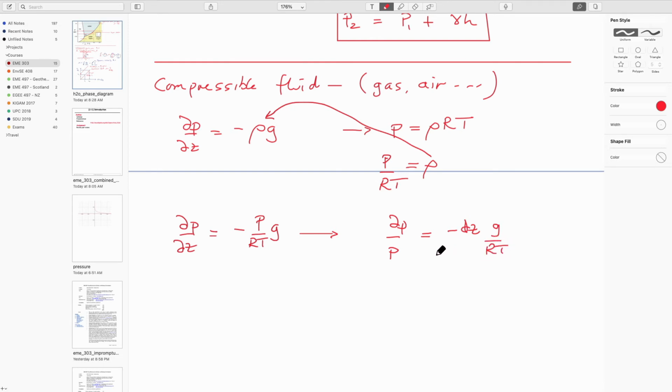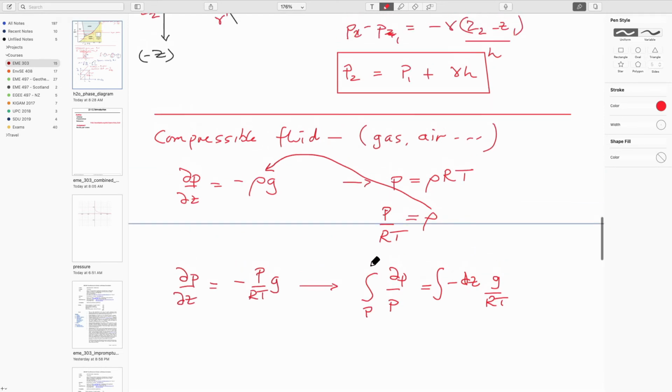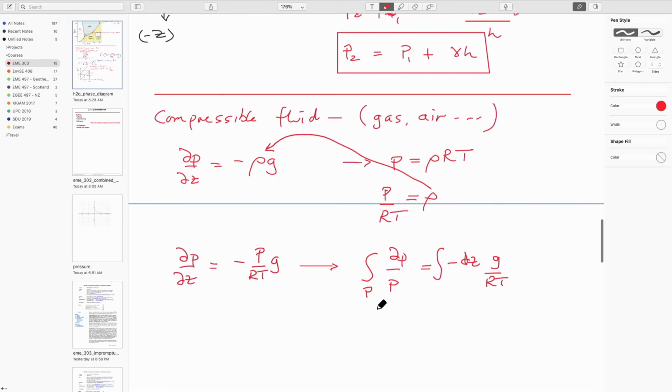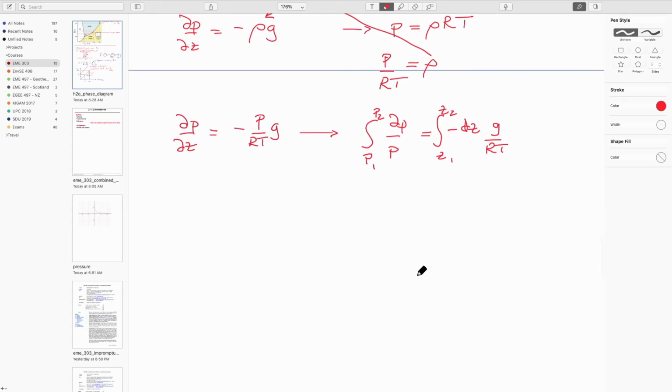It's a negative sign in there somewhere. We're going to integrate both sides again between, what did we do? We did P1 to P2. Or backwards, it doesn't really matter. And then we can find out exactly what these components are.